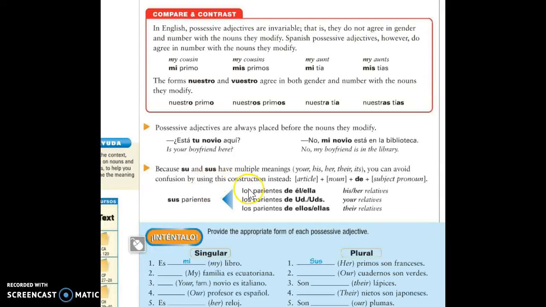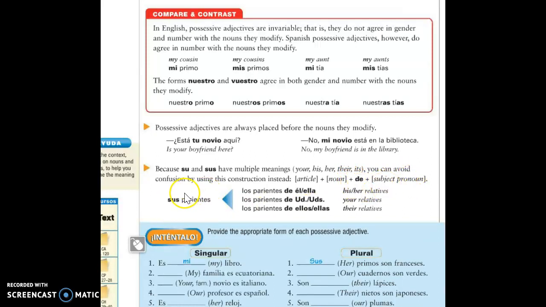And you can avoid this confusion by using an alternative model when you set up your sentences. And that would be you first put the article, in this case los, and then your noun, parientes, or relatives, and then de, which expresses possession, plus your subject pronoun.